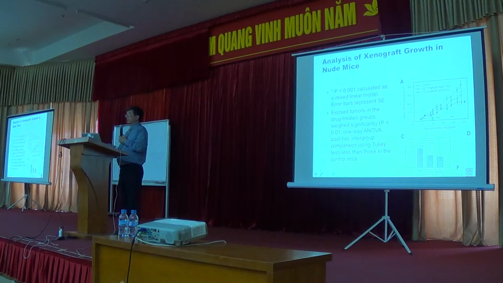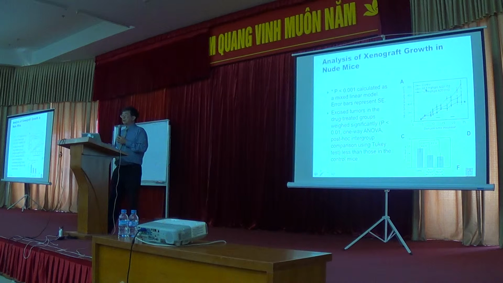So you measure the size of the tumor on each mouse over time. And when you test the effectiveness of a drug, you inject the drug into the mouse. You divide the mice into different groups. For example, in this experiment, I divided the mice into 3 groups. One group is the control mice that received injection of placebo, the saline, no effective drug.